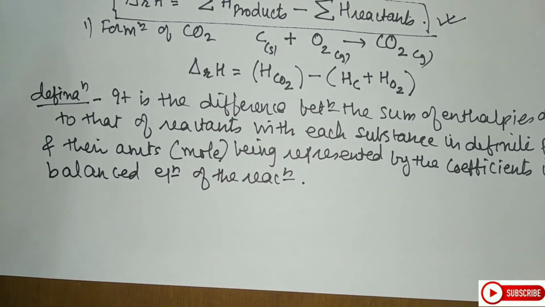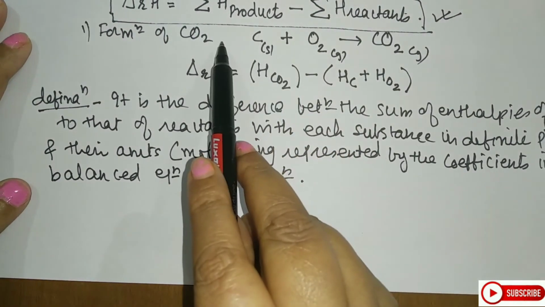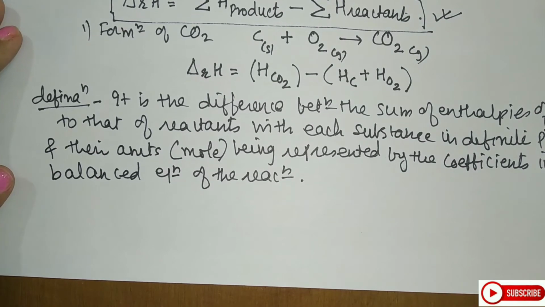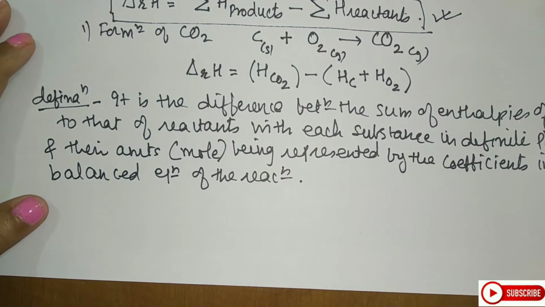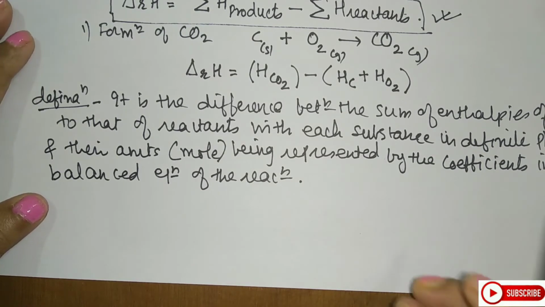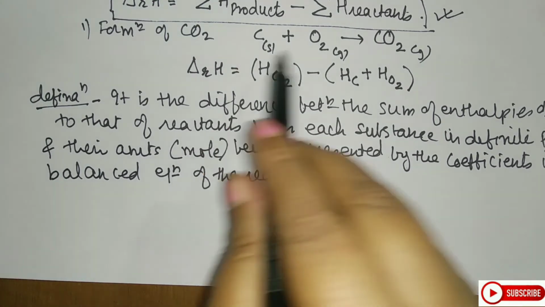So this is the definition. It is the difference between the sum of the enthalpies of the products to that of the reactants, with each substance in definite physical state and their amounts or moles being represented by the stoichiometric coefficients. Means students, it's very important that you must balance the equation before going for the calculation.